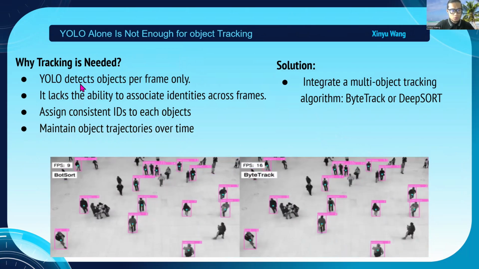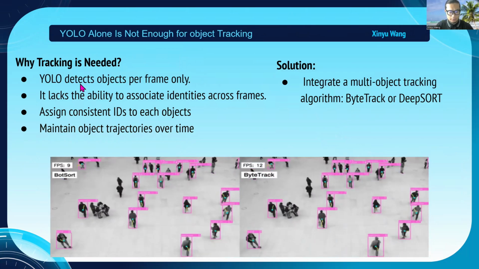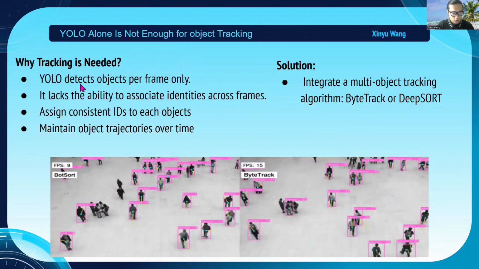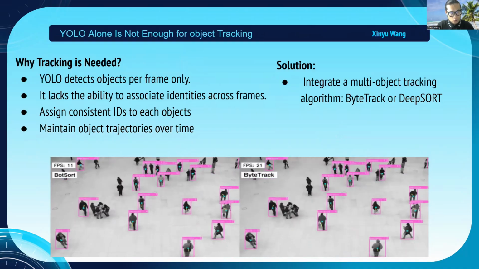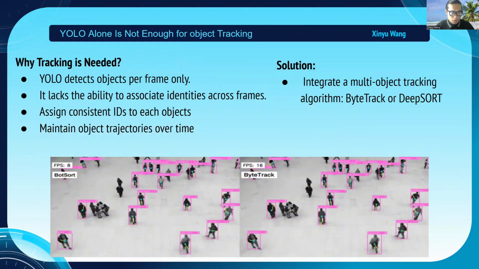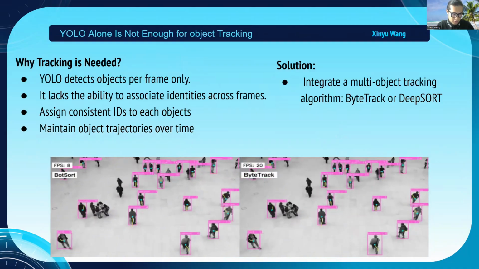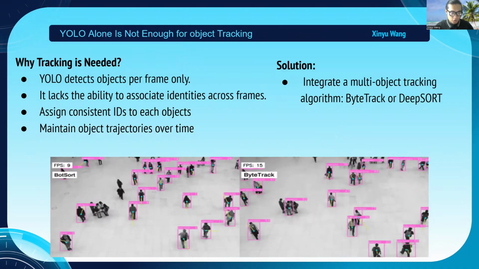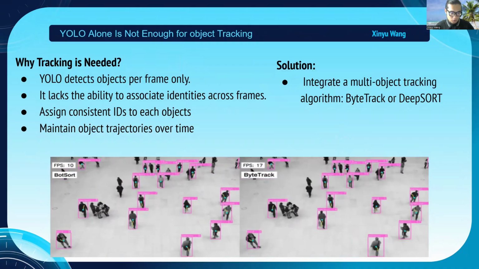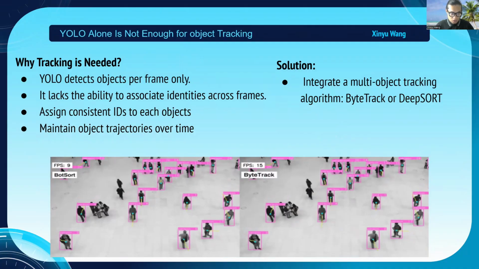So YOLO alone is not enough for the project tracking. Why is tracking needed? Because YOLO detections are just good at detecting objects frame by frame, and it lacks the ability to link those detections over time.